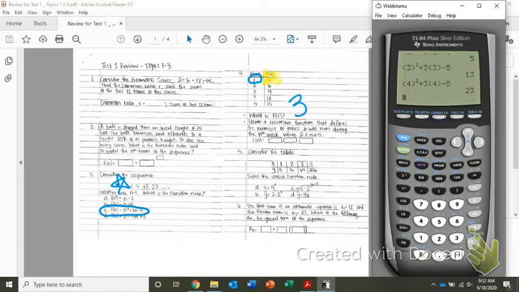The second part says create a recursive function that defines the number of miles Joe will run during the nth week, where 2 is less than or equal to n less than or equal to 5. So, what that means is recursive function, and it asks for the nth week. So you know that you're going to have to use n minus 1.